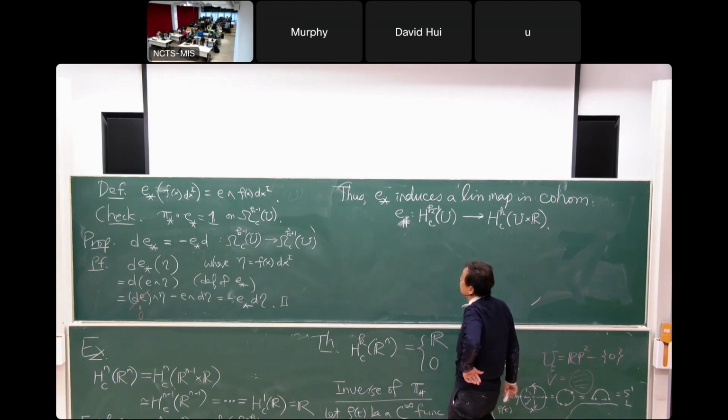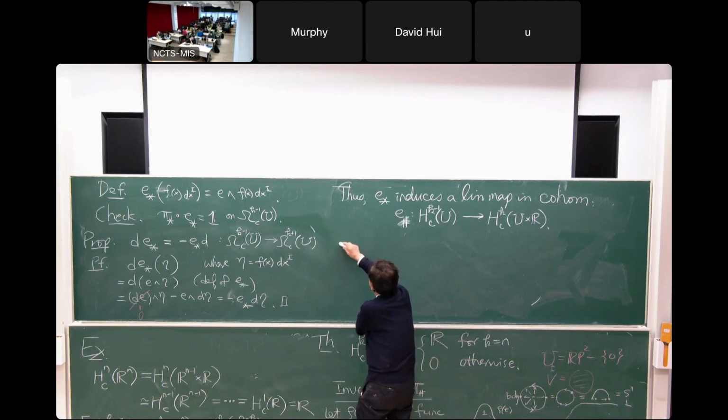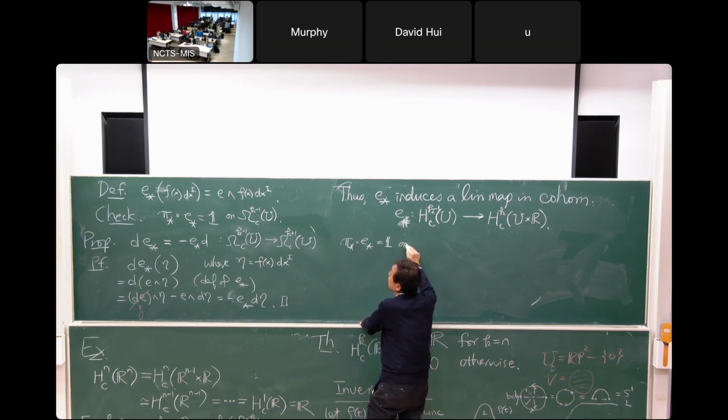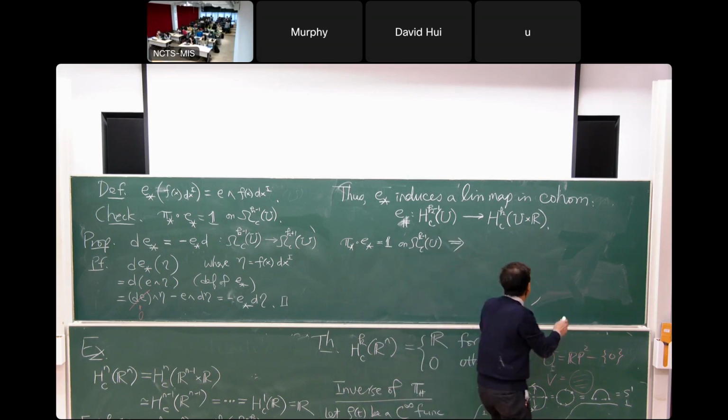And so we already have pi lower star composed with E lower star is the identity on forms. And the induced map, how is it defined?